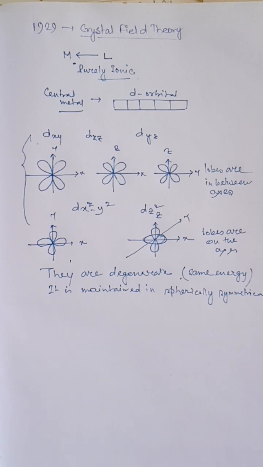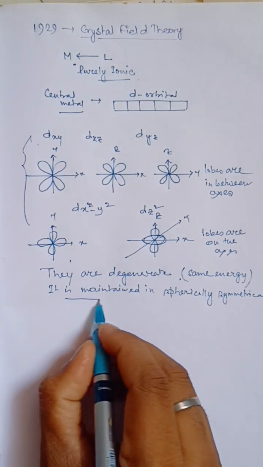And if we use some particular ligands, which may be cationic, anionic, or neutral ligands, the degeneracy becomes destroyed.